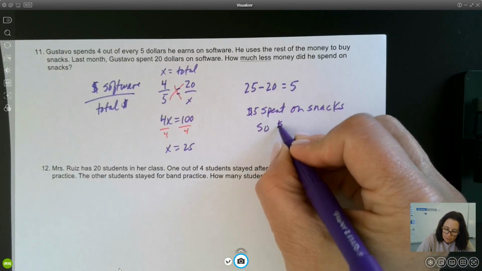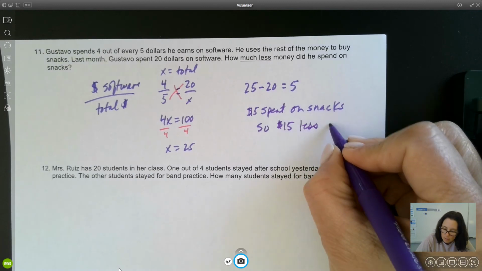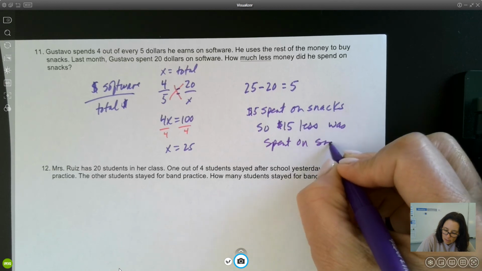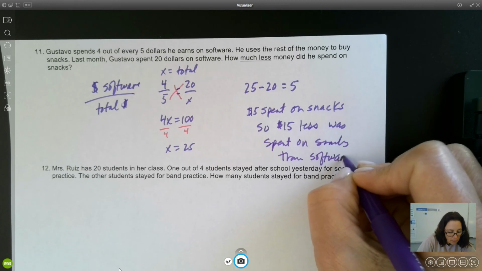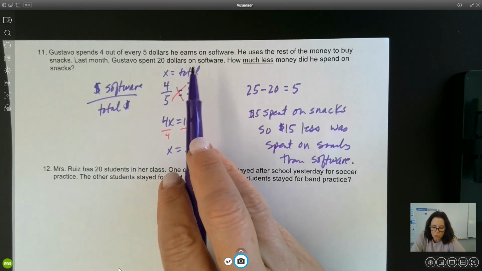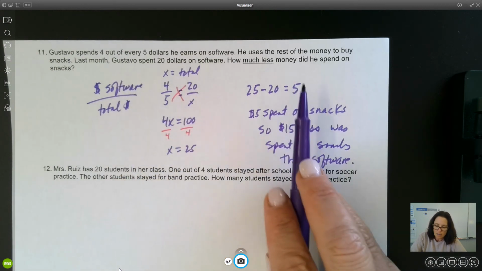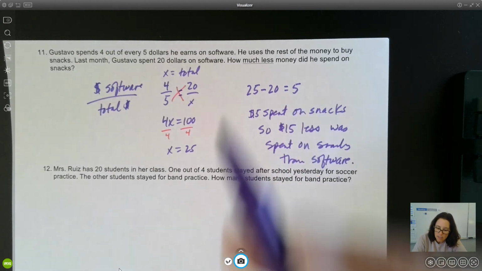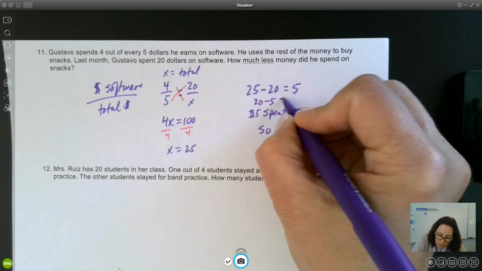So $15 less was spent on snacks than software. Okay, it's very important to understand 25 was the total amount spent. We know 20 is spent on software, 5 is spent on snacks. And then if we take the 20 minus 5, we get 15.